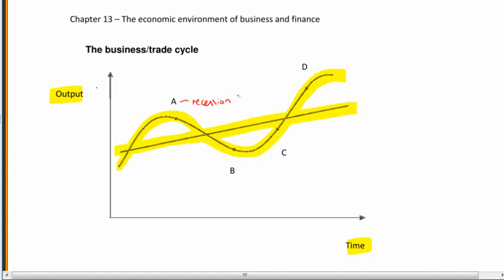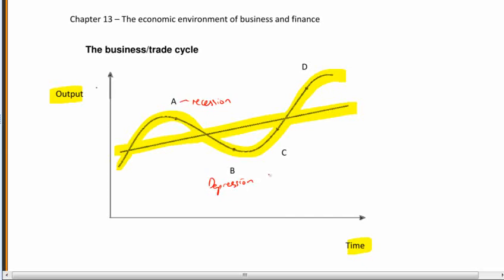As I'm recording this lecture, the UK economy has been going through recession. We started to grow, and now there is a suspicion that we might slip back into a recession. They call that a double dip recession. But 2 quarters of negative growth is a recession. The economy then sort of plummets to its lowest point, which is known as a depression.